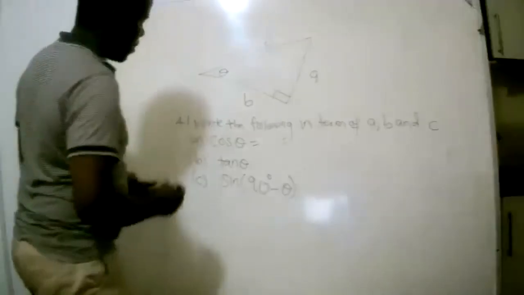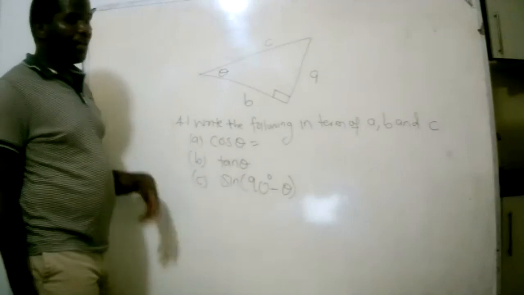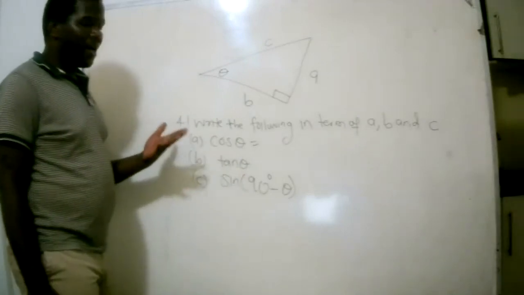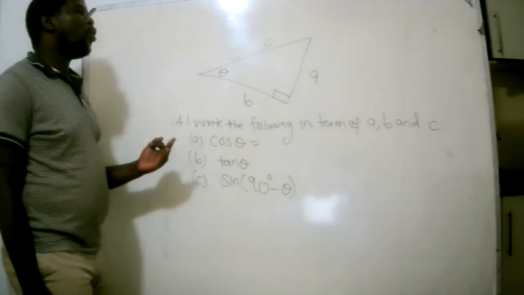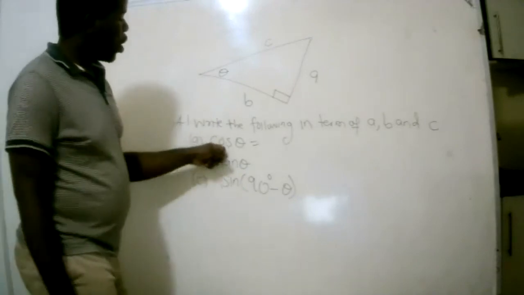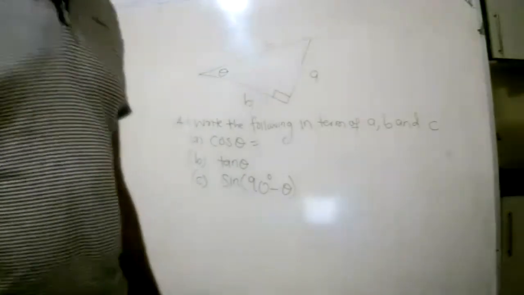I believe you remember how we can assess cos of theta in terms of hypotenuse, adjacent, and opposite. How can we write cos of theta in terms of opposite, adjacent, and hypotenuse?